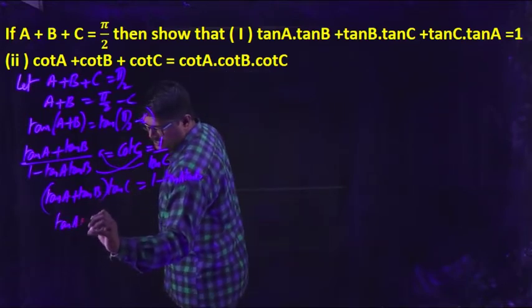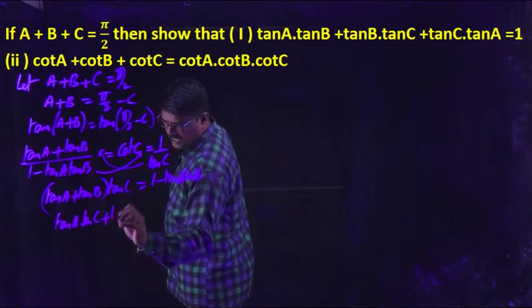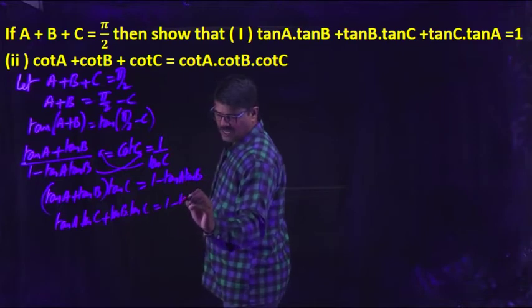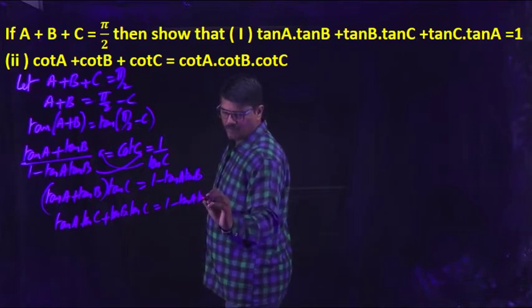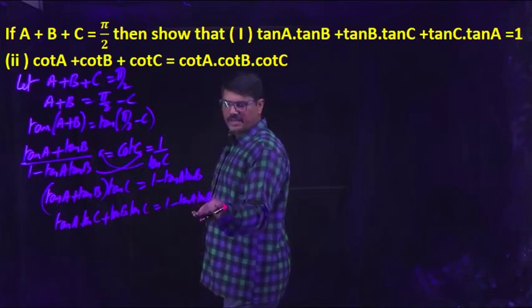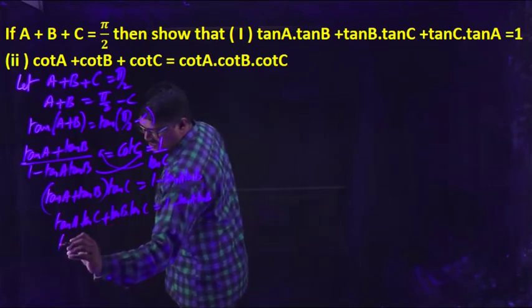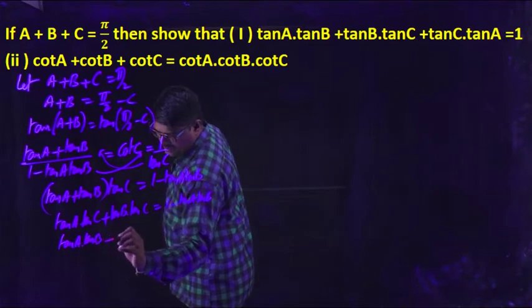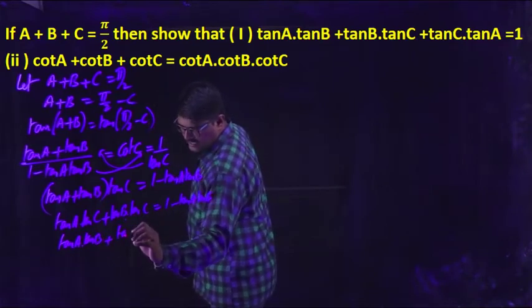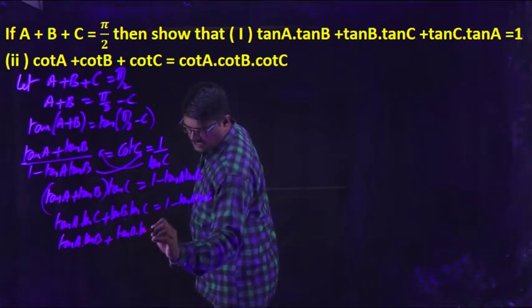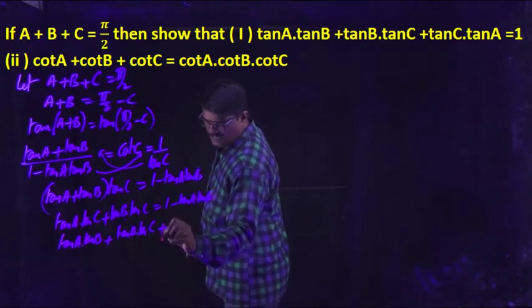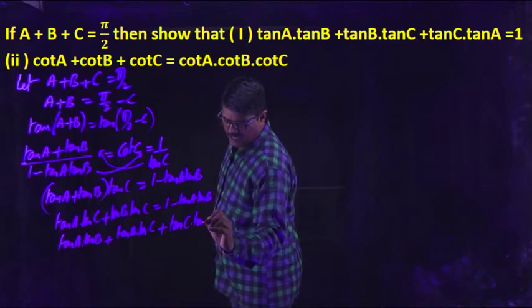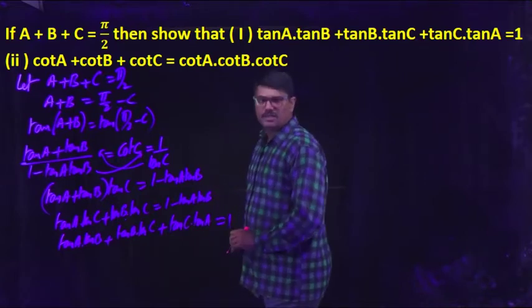Tan A into tan C plus tan B into tan C is equal to 1 minus tan A tan B. Now take this negative term to LHS, which becomes a positive term, tan A into tan B. Then write this one in order, tan B into tan C plus next one tan A into tan C. You can write tan C into tan A as well, which is equal to 1.